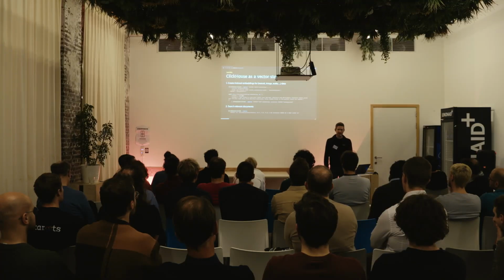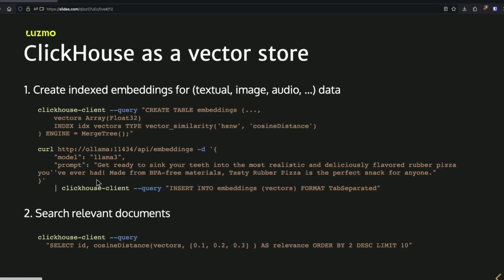And then we're going to call, for example, Ollama, so a local Llama 3 model via the Ollama tool, to embed a piece of data. In this case, we have a product description about a tasty rubber pizza that we want to embed so that we can later use it in an application. And we're going to store that embedding.